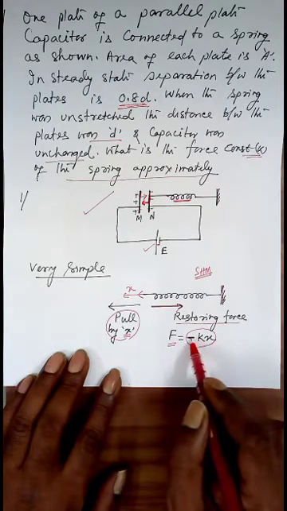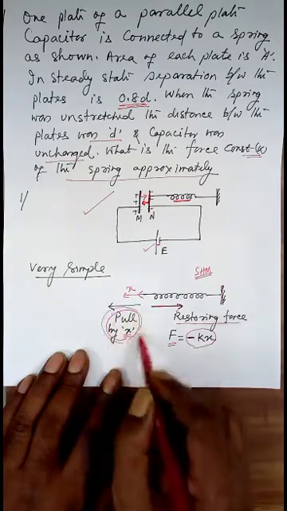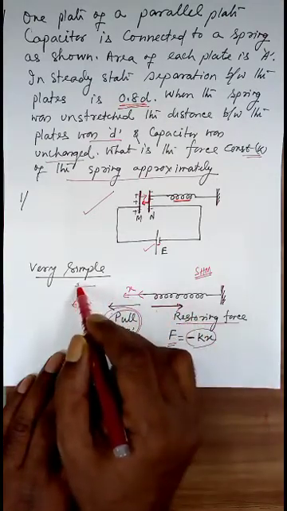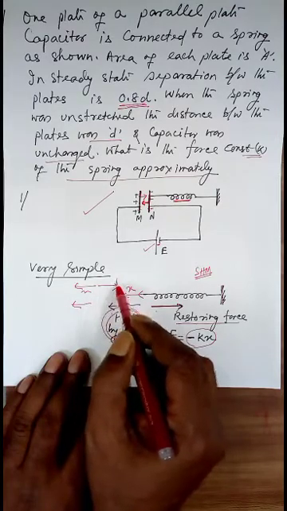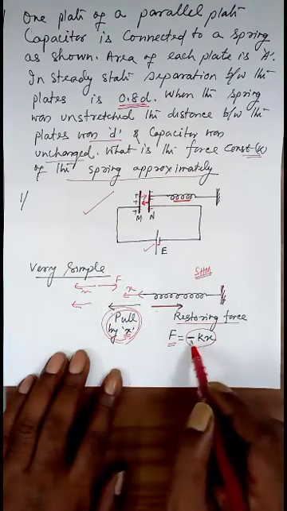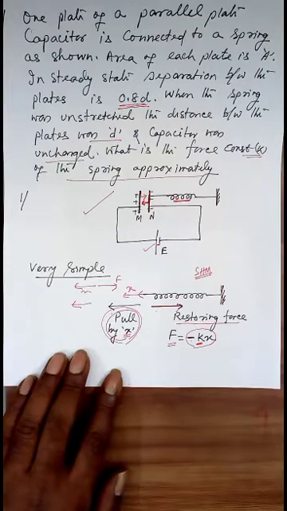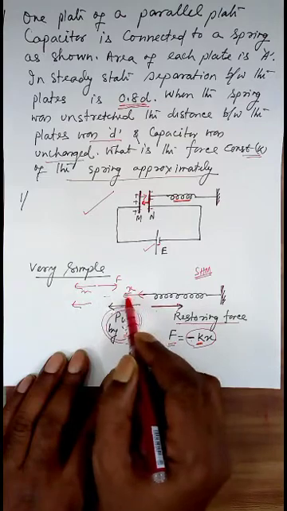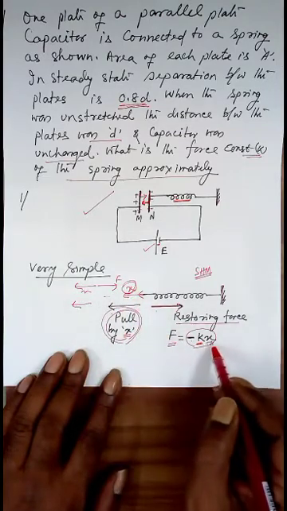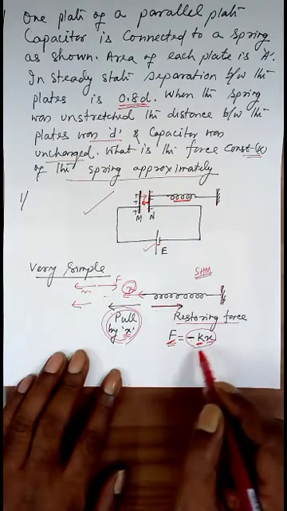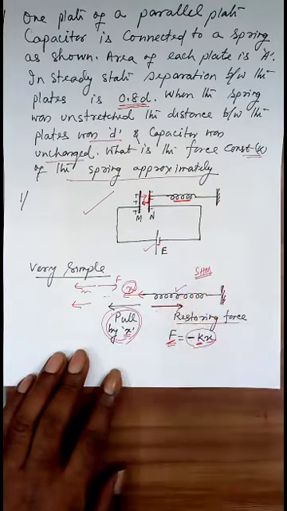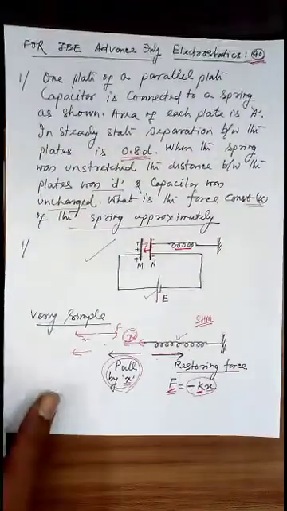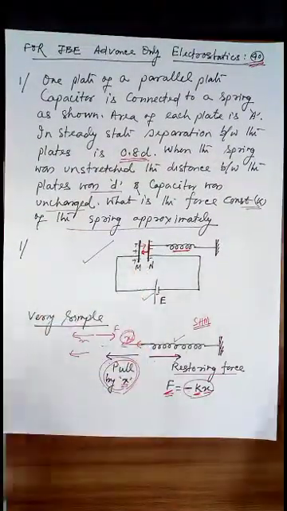The minus sign means it is opposite to the direction of the pull, where k is called the force constant or spring constant. If x is more, then F will also be more. k is a constant depending on the spring. The more the value of k, the better the spring. That is one understanding we need to analyze this problem.